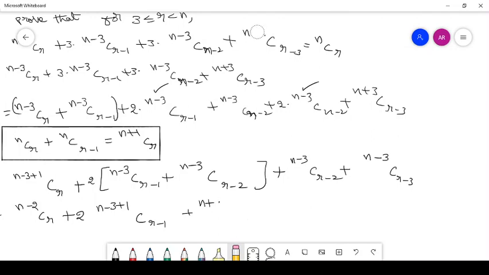This is the n minus 3. This is the n minus 3 C r minus 3.